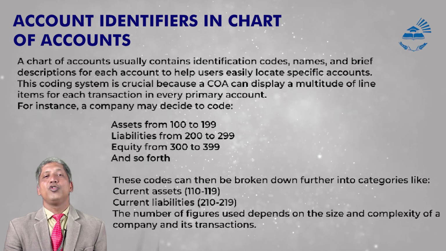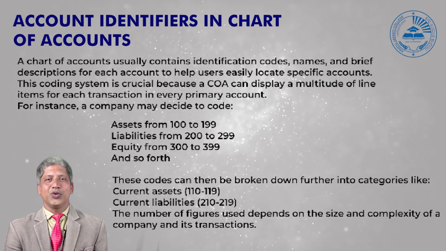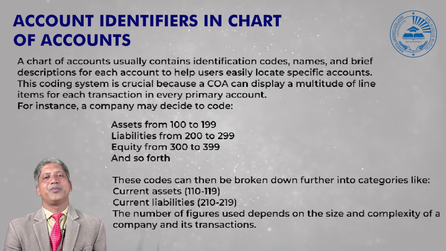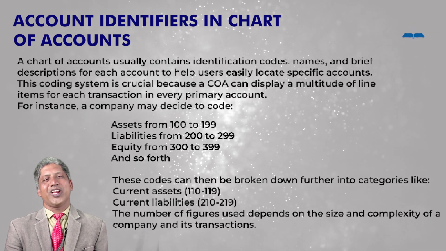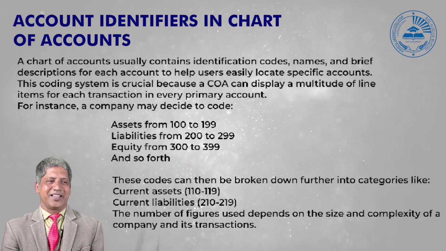At that time, you have to code from 1000, 1001 to 1192, and you can start the liabilities by coding from 2000. So, according to the requirement, you can code each category and subcategory.